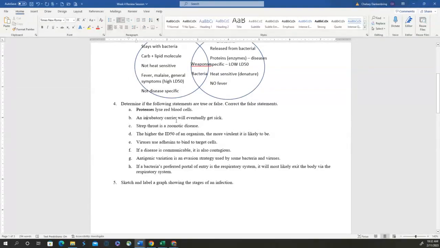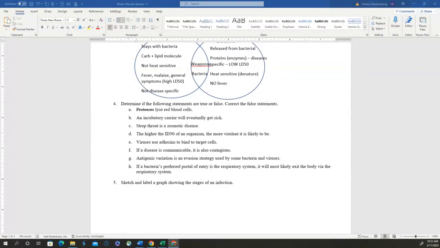An incubatory carrier will eventually get sick. That one is going to be true. And so remember when we talk about carriers, we have like a human reservoir, and so that's when we use the term carrier. So remember, asymptomatic carriers will never get sick.